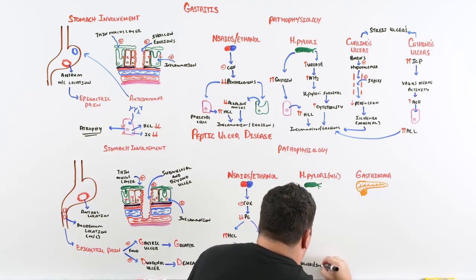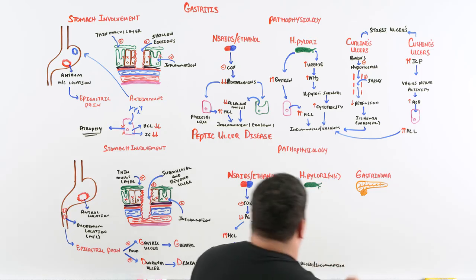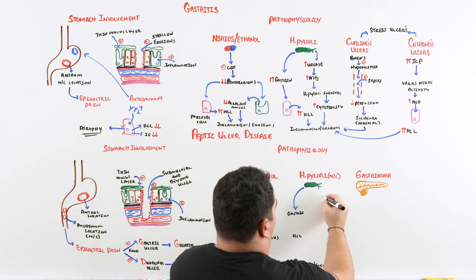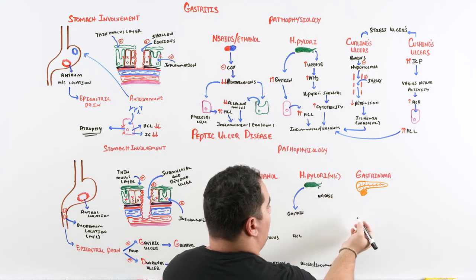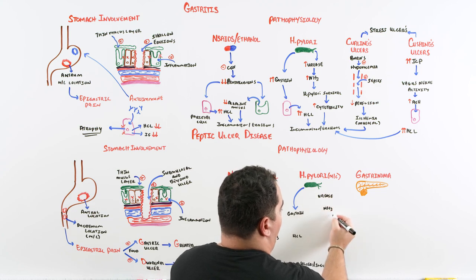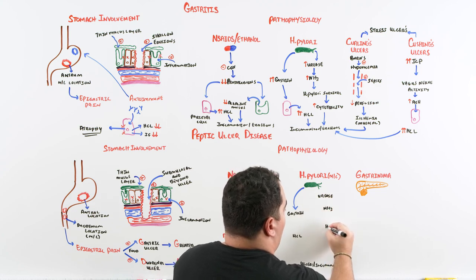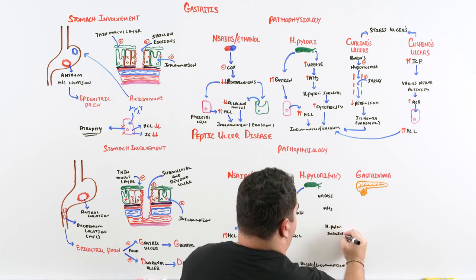The other concept is the same thing as we talked about above. It's a good quick recap here: this will cause urease, a really important enzyme that breaks down urea into ammonia. Ammonia levels will increase. It creates an alkaline environment, allows H. pylori to survive. So it increases their survival.